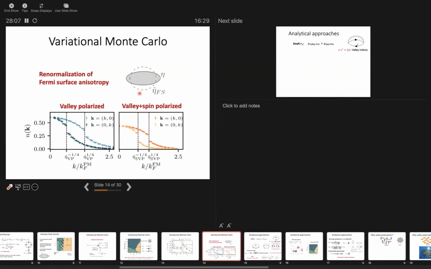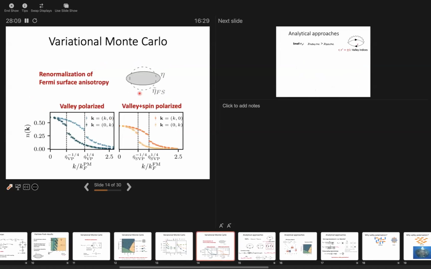How robust are these conclusions to the ansatz? Yes, that's a good question.